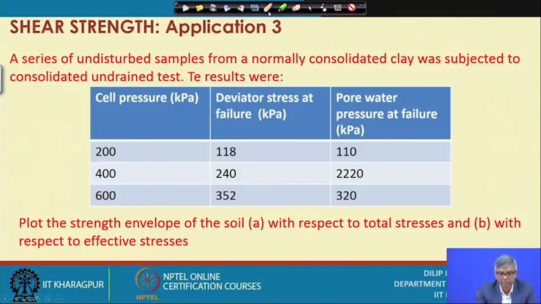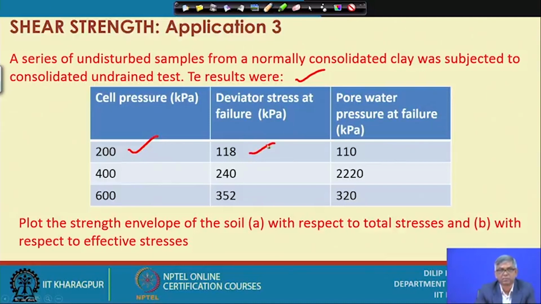Instead of draining and making pore pressure 0, the drainage path is closed and the pore pressure developed because of each increment of load is measured. So, this is the additional information given.